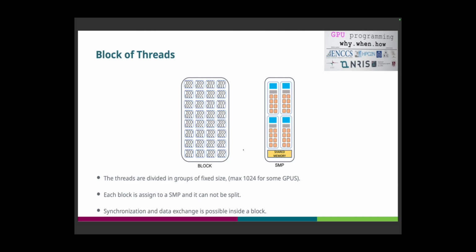It will stick to this SMP from the beginning of the kernel all the way to the end. These SMPs allow running more than one block, but even if two blocks run on the same streaming multiprocessor, they cannot exchange any kind of data, and again, they cannot be synchronized. The synchronization and data exchange can only happen inside the block.